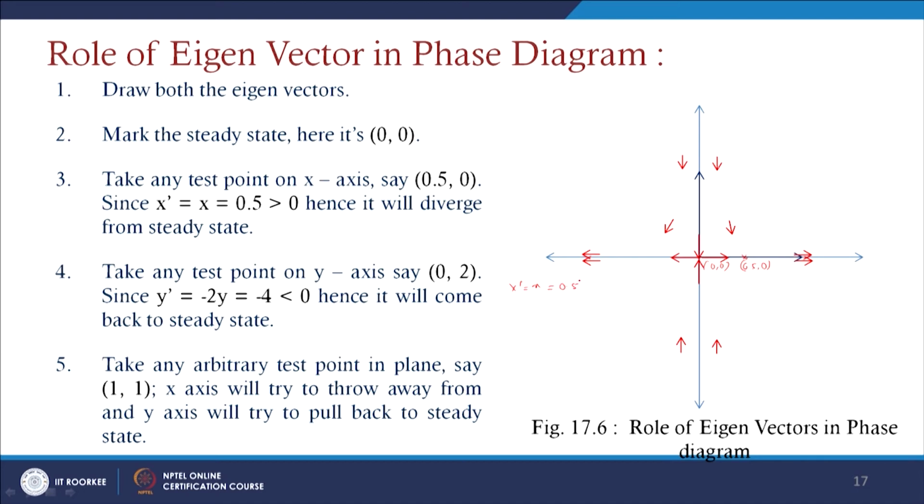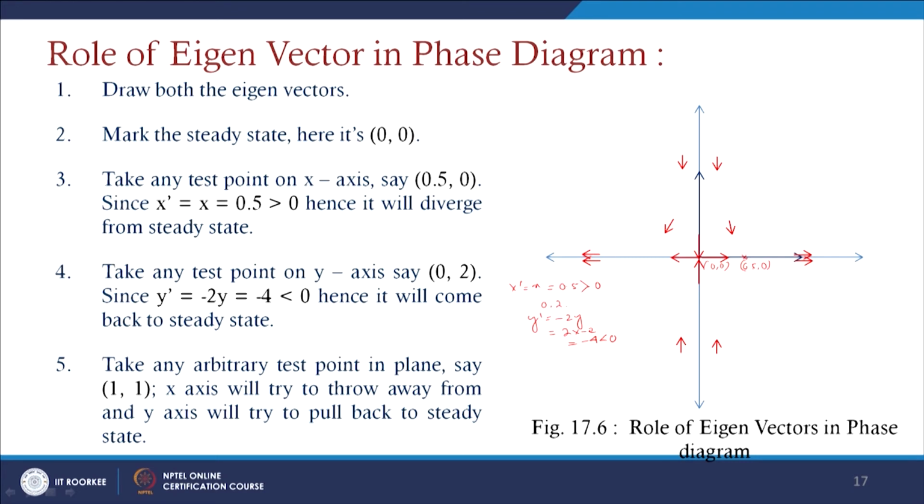So, the slope is positive here, so it will give an unstable steady state, and it will diverge. And if you take any test point on the y axis, suppose 2, your equation is y dash equals minus 2y, and 2 into minus 2 gives you minus 4, which is less than 0, hence the slope is negative. So, it will come back to the steady state.